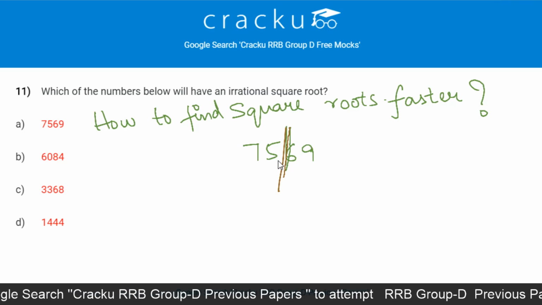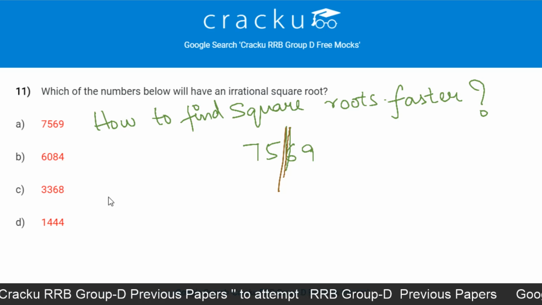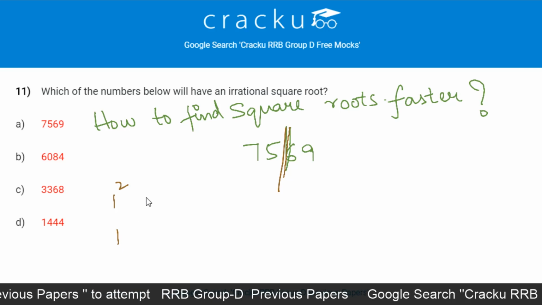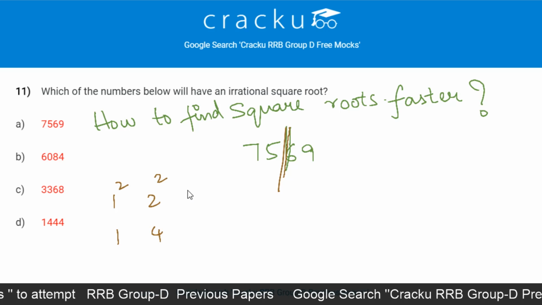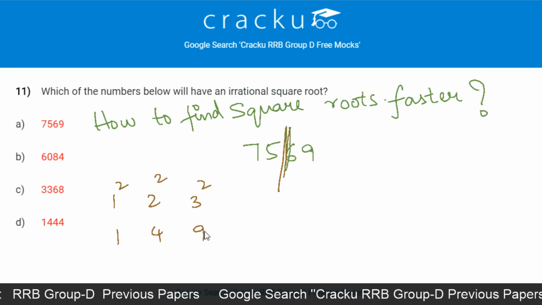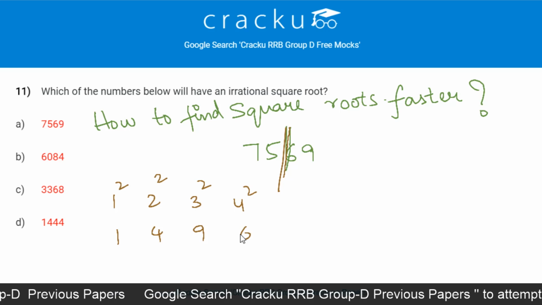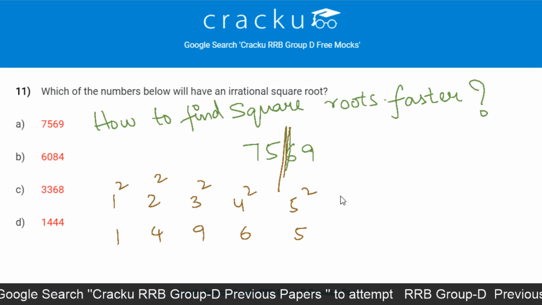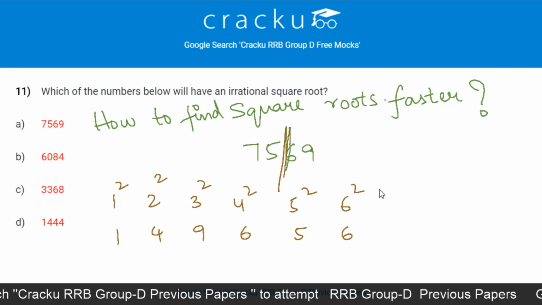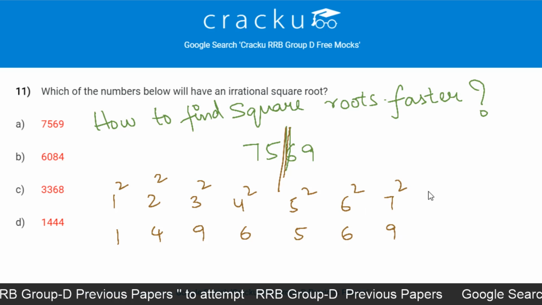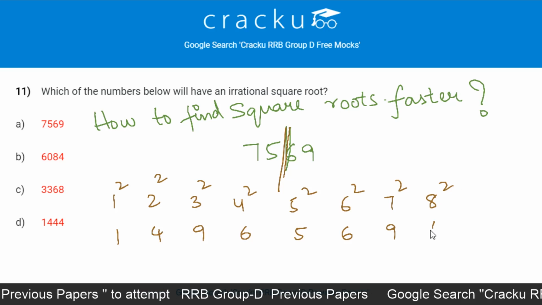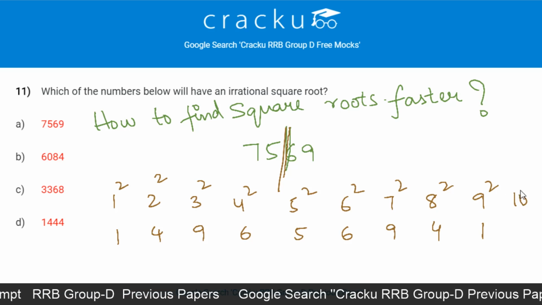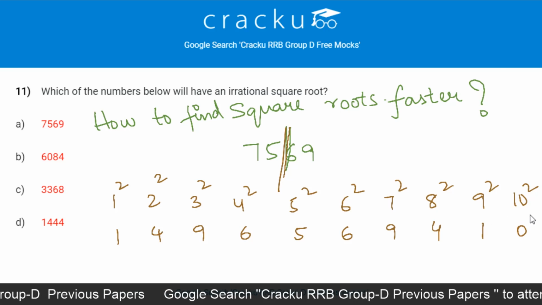Before that, tell me, 1 square ends with 1, 2 square ends with 4, 3 square ends with 9, 4 square ends with 6, that is 16, 5 square ends with 5, that is 25, 6 square ends with 6, that is 36, 7 square ends with 9, that is 49, 8 square ends with 4, that is 64, 9 square is 81, 10 square is 100, ending with 0.